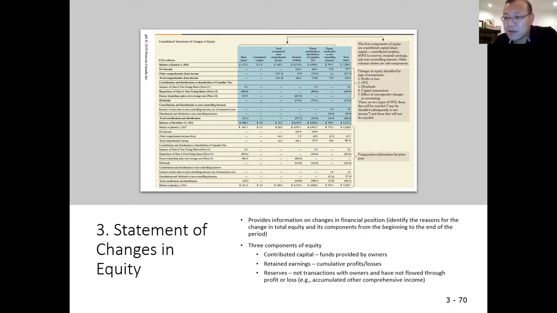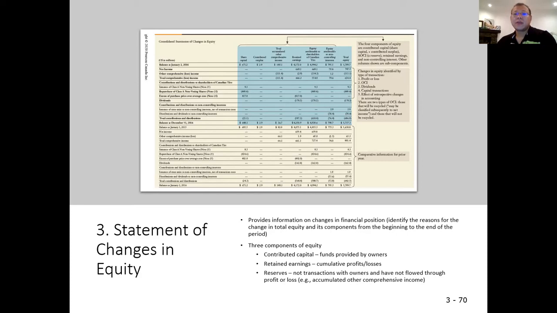Right? So that means the retained earnings will be affected. So when there's such a retrospective adjustment, it's going to adjust its retained earnings.